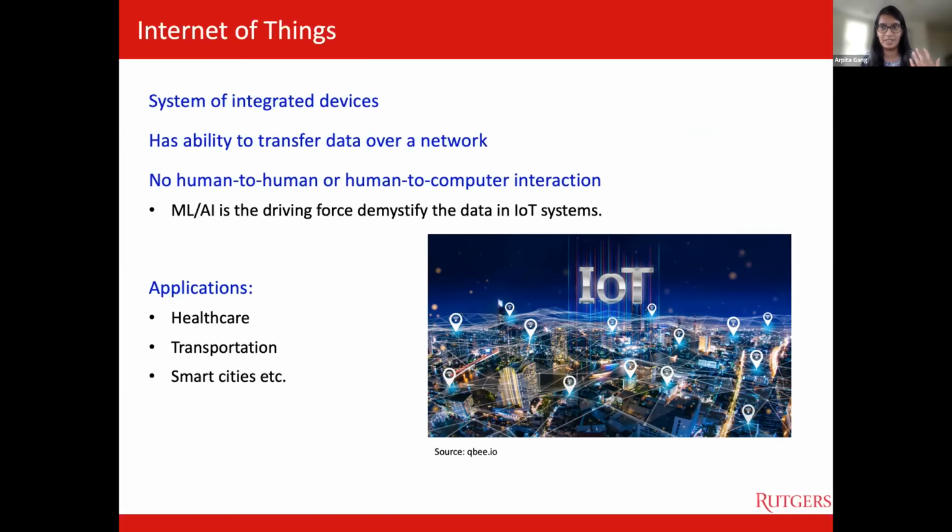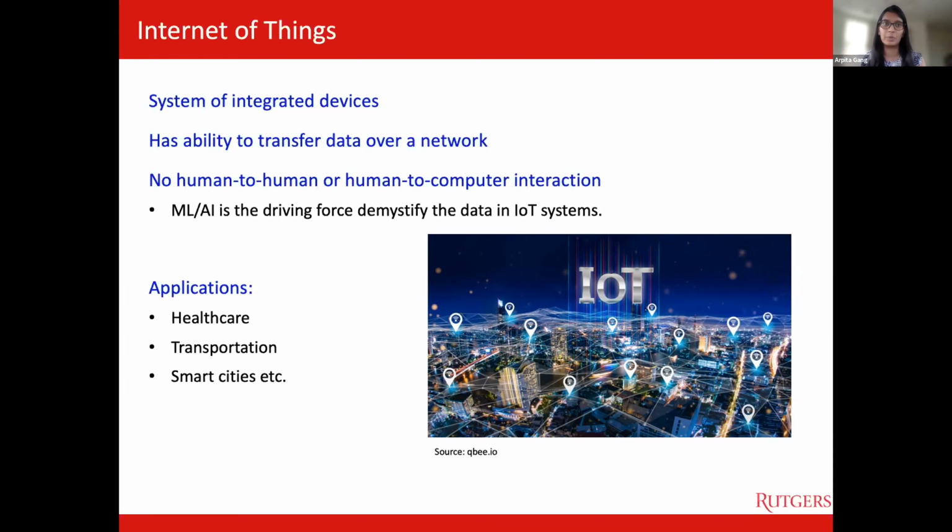We all have devices, and we all are connected with one another through internet. And our devices generate a lot of data every second, every millisecond. So, this is a whole big system of integrated devices, which has the ability to transfer data over a network through which we all are connected.